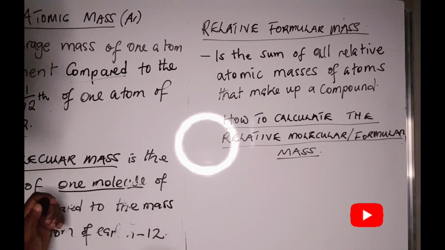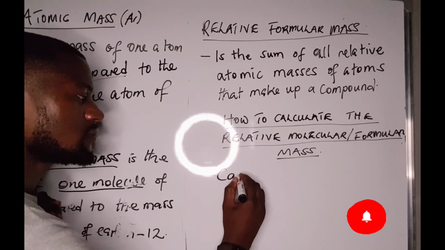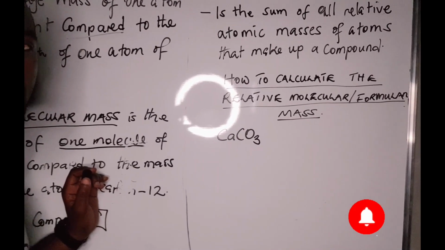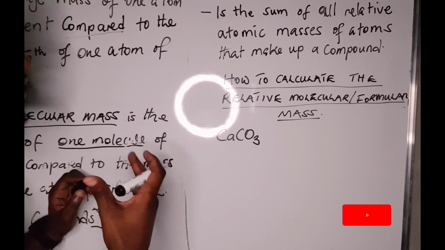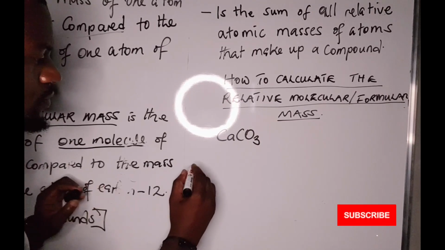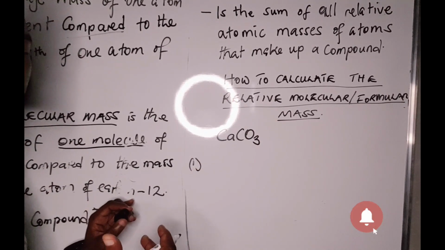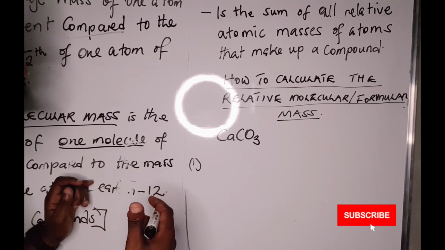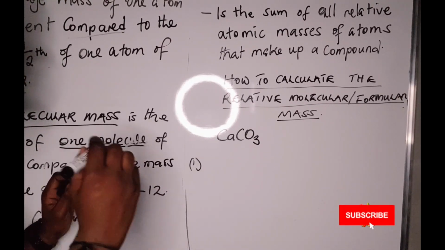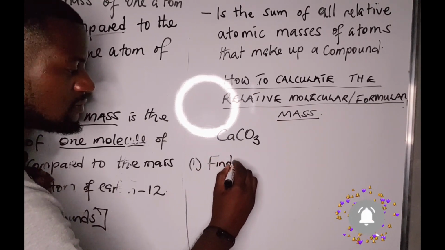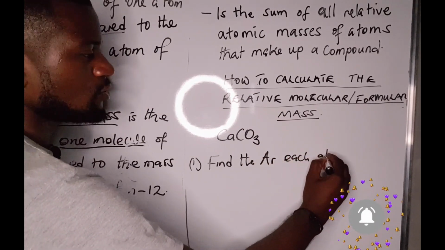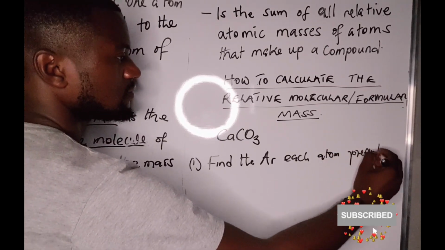Let's look at this example. If we have calcium carbonate, and we are told to calculate the relative formula mass, first of all, we have to identify the relative atomic mass for each atom that is present in the compound on the periodic table.